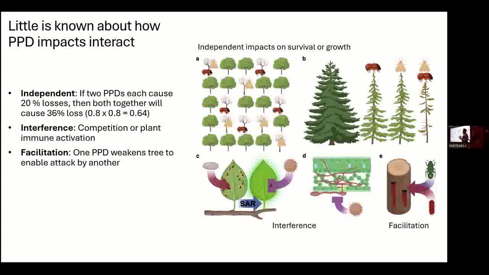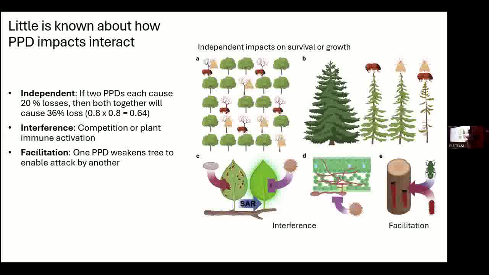And if each one of those caused 20% losses, then in that randomized case, the combined loss together would be 36%, which is when you multiply together the residual production remaining for each one, 0.8 times 0.8 equals 0.64. Not to worry about the maths too much, but that's how it works.